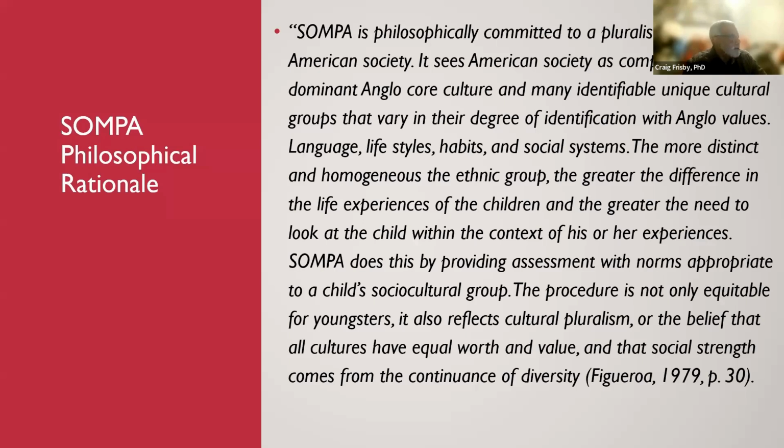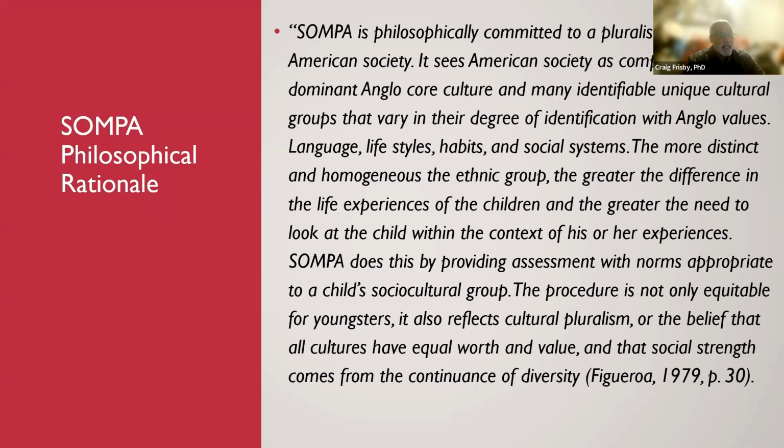This slide talks about the underlying philosophy of the SOMPA, and let me just summarize it. Basically, the test developers were saying we see society as very pluralistic, and what that means to them is they see society as composed of a core society of what they call Anglo values and culture. But then they say there are other cultures in society that are distinct and different from the Anglo culture, and that individuals who are not Anglo grow up in a social milieu that is very, very different from the dominant culture.